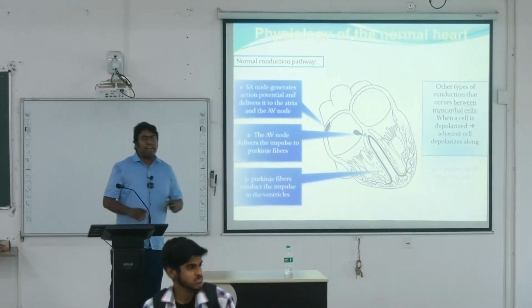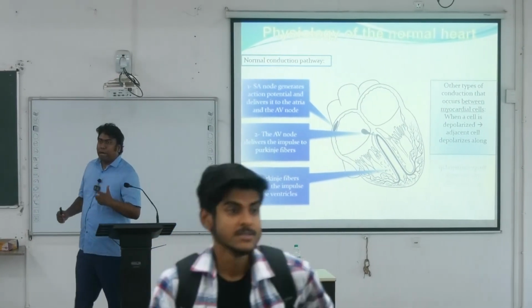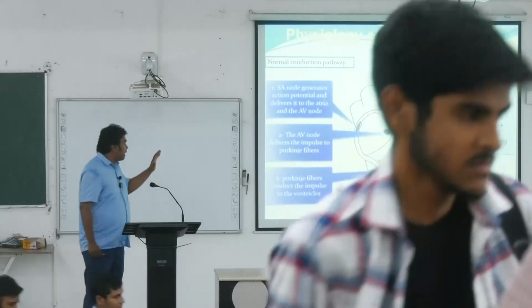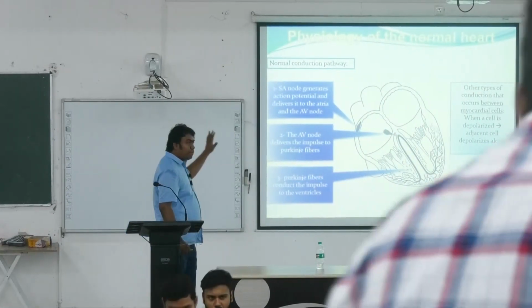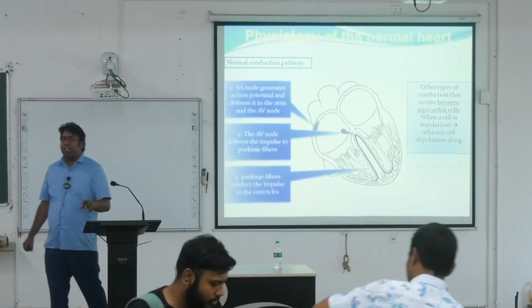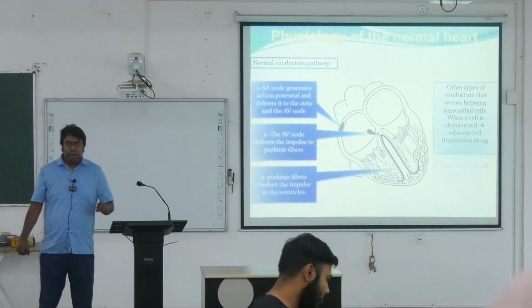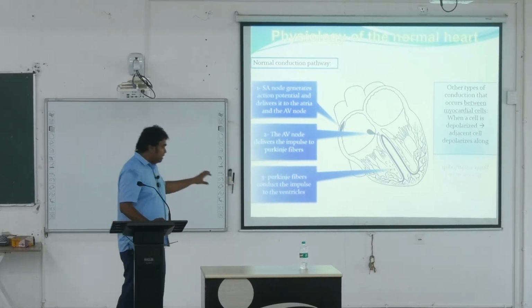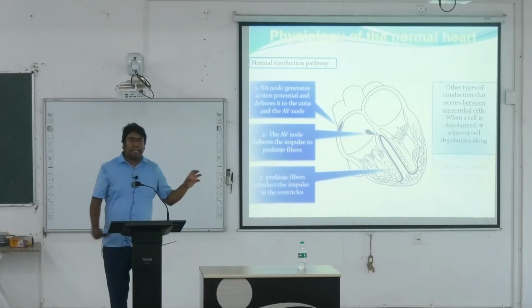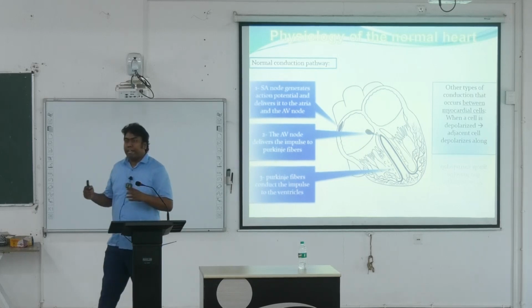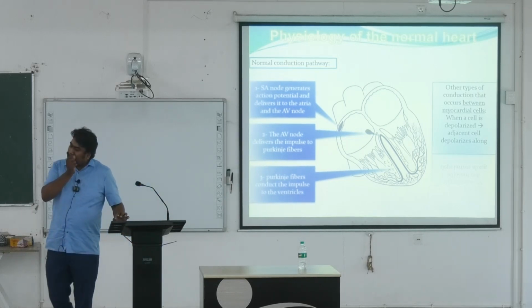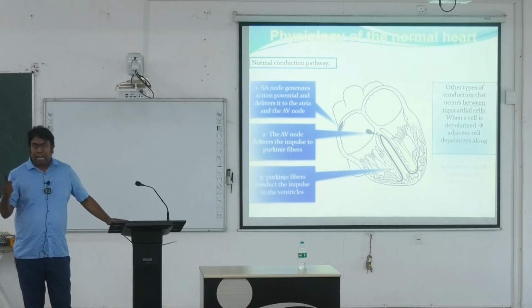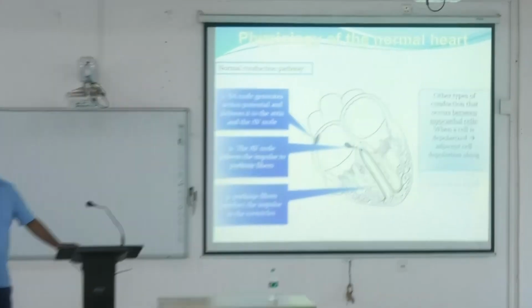So from where is this impulse generated? The impulse is generated from the SA node. From the SA node, it goes into the AV node. Through the AV node, it goes into the ventricles. In the ventricles, there are Purkinje fibers, and all of these are the electrical conductivity of the cardiac tissue.